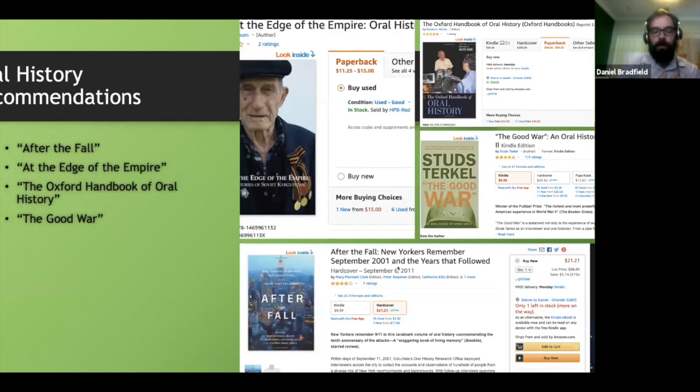Some favorites of mine: After the Fall is an absolutely beautiful, heart-wrenching book about New Yorkers in the wake of 9/11. It's an excellently researched and studied book, done by the Columbia University Oral History Program.